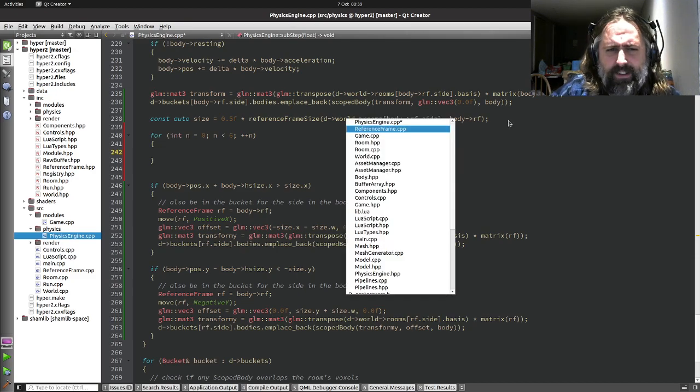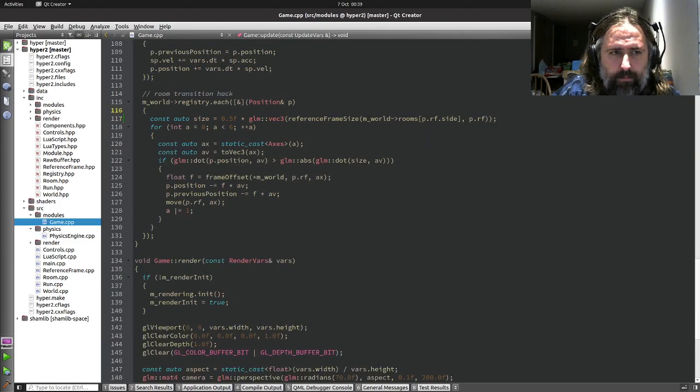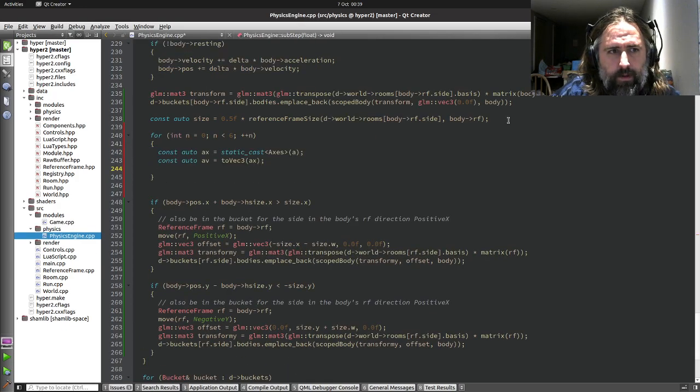I don't care that much. I care a bit, but not too much. Okay, so we're going to turn that into an axis, so we're going to turn that into a vec3. So now we'll have something that will be like 1, 0, 0 for the first one, then negative 1, 0, 0, and then 0, 1, 0, and so on for all 6 cardinal directions. And the axis is just the direction.